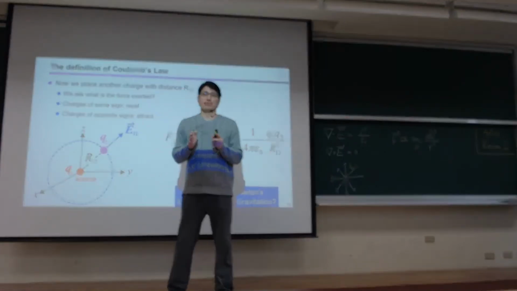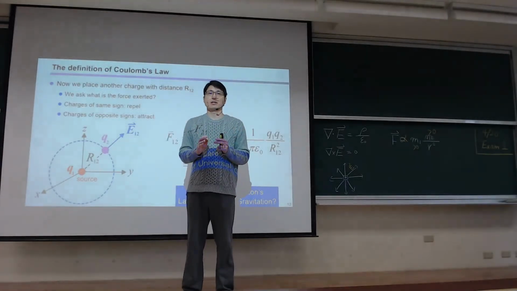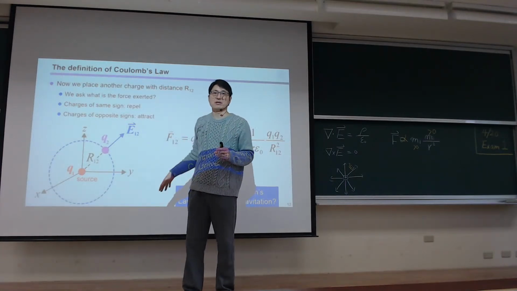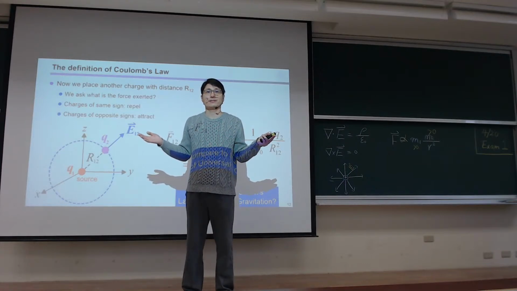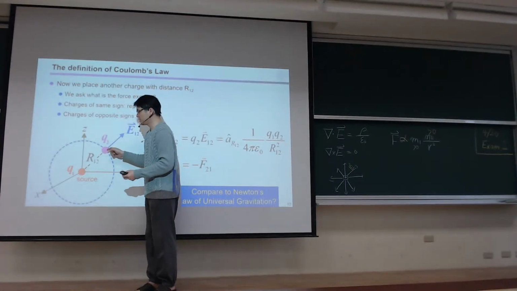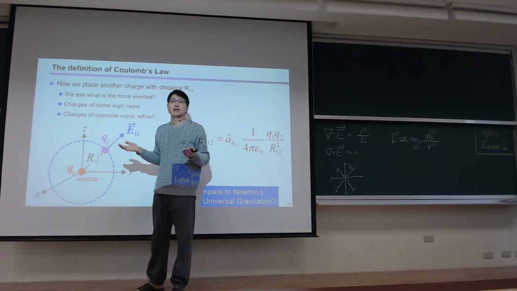So at this time, you must understand what I mentioned. Static electric field, everything you study here is fake, right? I mean, how can you have two charges sitting there without moving? It's impossible.